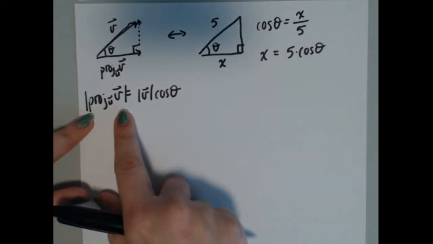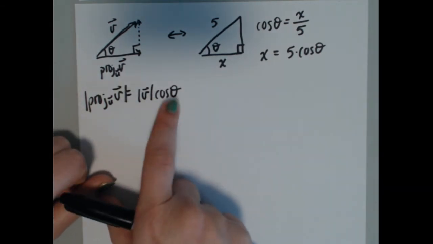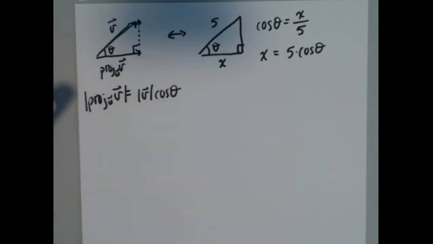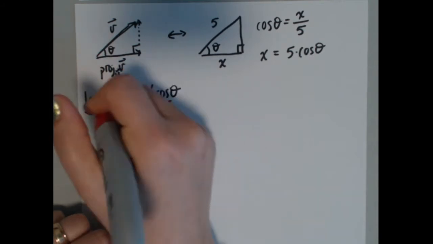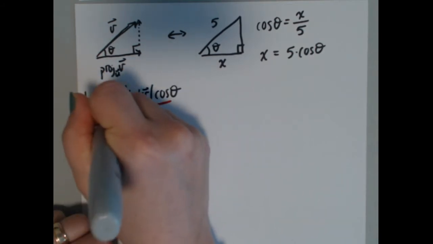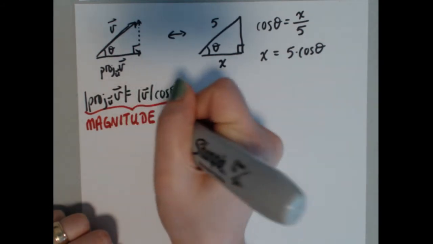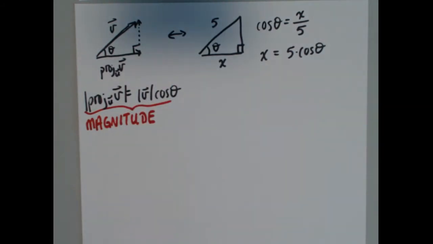So the length of the bottom side is equal to the length of the hypotenuse times cosine of the angle between them. And that's really all it is. So what I have so far, this right here, this is the magnitude of the projection. Now remember, for a vector, you need magnitude and you need direction.